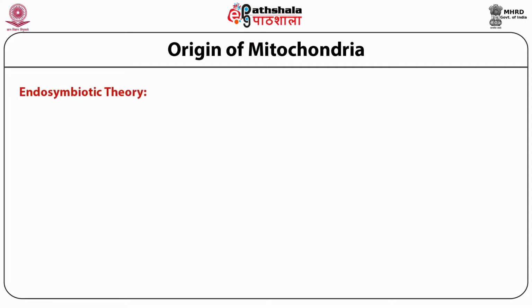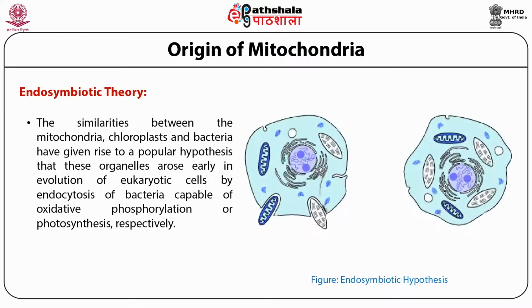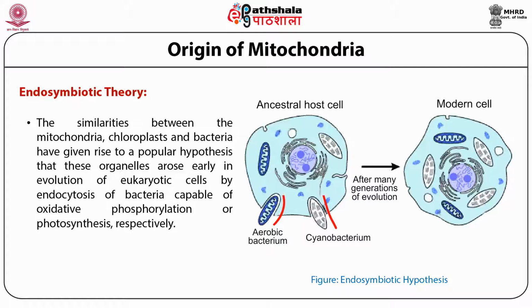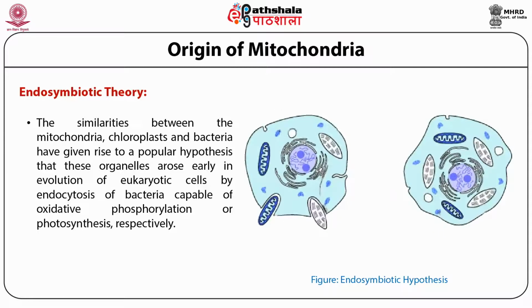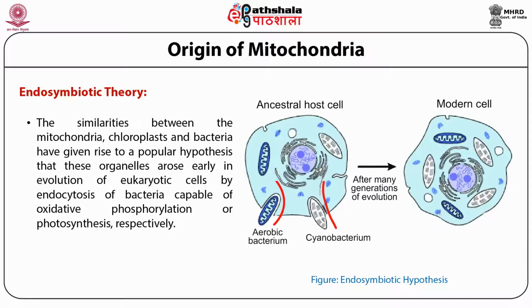The endosymbiotic theory. The similarities between the mitochondria, chloroplasts, and bacteria have given rise to a popular hypothesis that these organelles arose early in the evolution of eukaryotic cells by the endocytosis of bacteria, which were capable of oxidative phosphorylation in the case of mitochondria or photosynthesis in the case of chloroplasts.